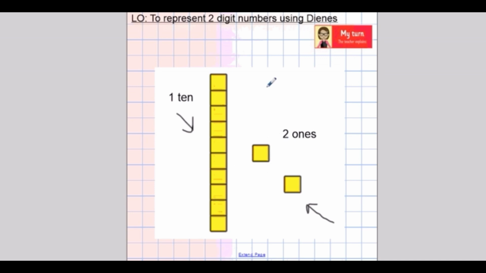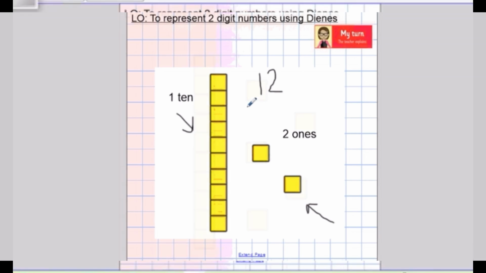Just the same as when we're representing a two-digit number with Numicon, it's exactly the same. The 10 represents the first digit, so 1 ten, and the ones are represented by the next digit, so 2 ones. So the number these Deans represent is, well done, 12.